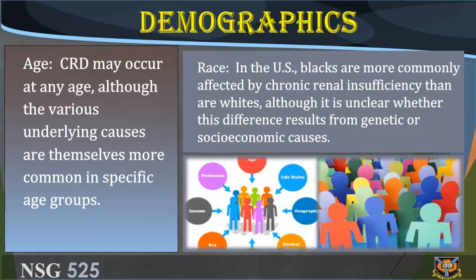Focal segmental glomerulosclerosis is more common in individuals of African descent. Hypertension and diabetes mellitus type 2 are also overrepresented in black patients. Blacks are also prone to take herbal and unprescribed drugs.